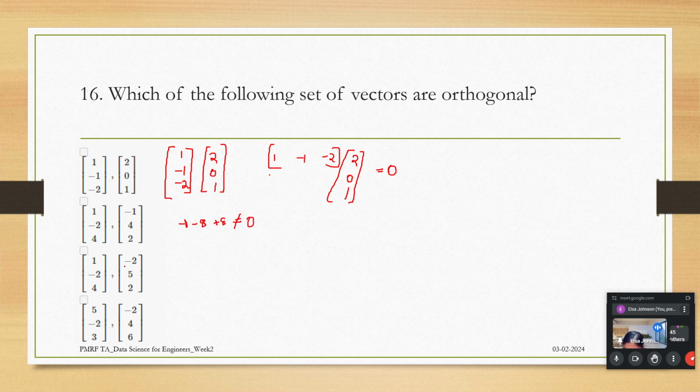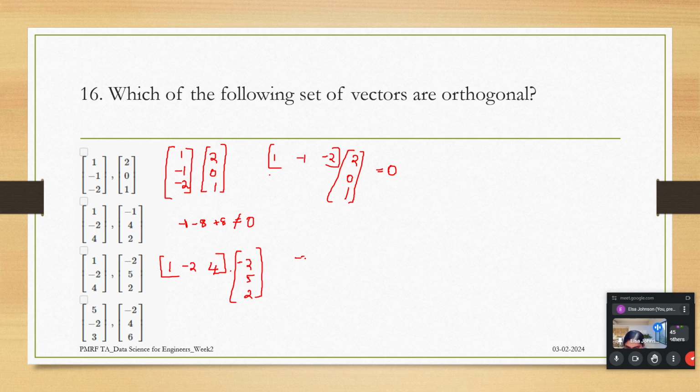Then the third one: dot product you can take as one vector transpose into the other vector.